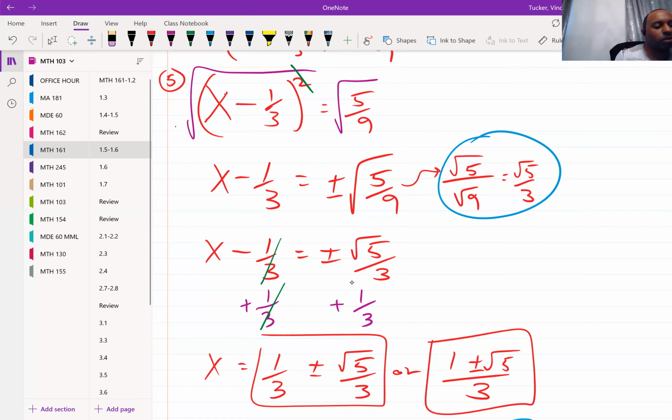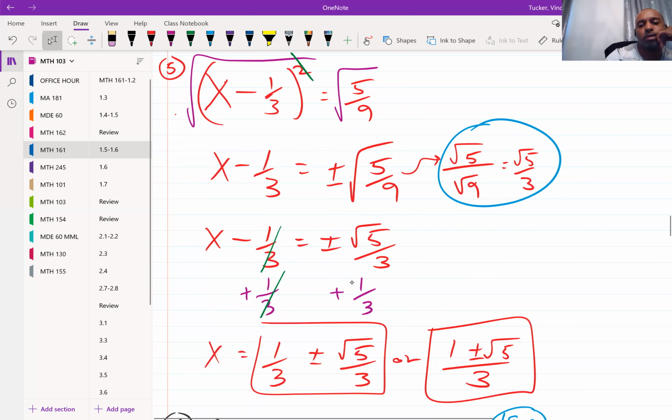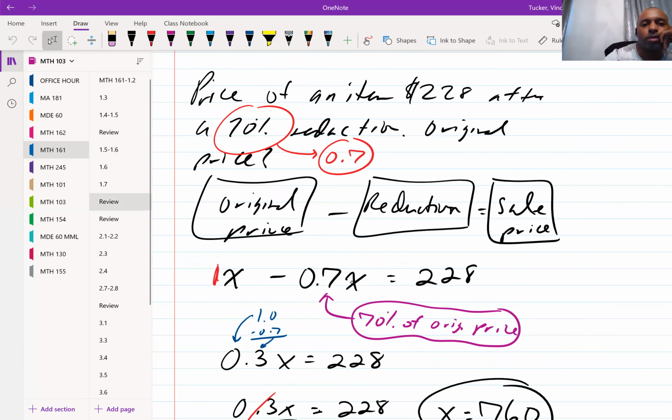Questions on the process or the steps? Would it be possible to do another example? Yeah. Anybody still copying? See if I got one already written.